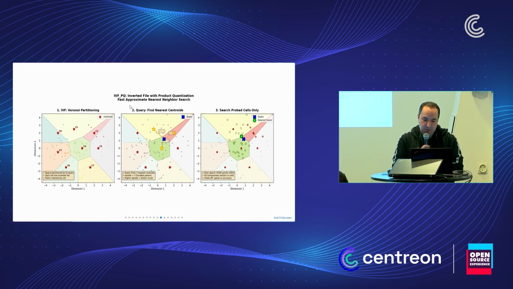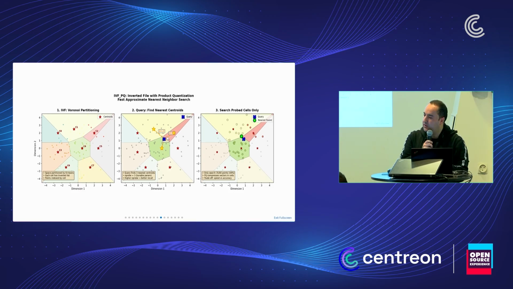What is IVF-PQ? We take all the signatures, we do k-means. K-means means that we are regrouping similar vectors together in what we call areas, and each area, a polygon, has a centroid. This center represents this polygon, and we call it an inverted vector because this centroid from now on represents the whole area and all the vectors inside this polygon.